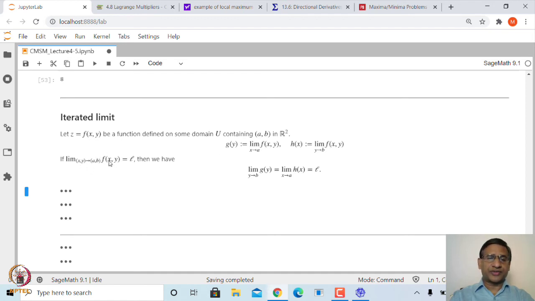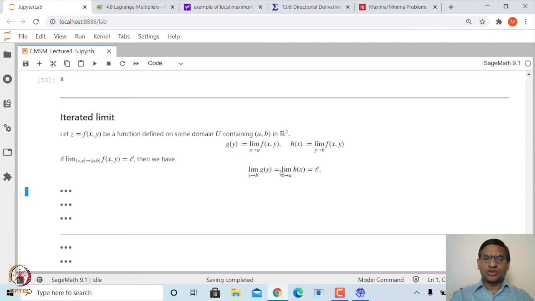Suppose the limit of f(x, y) as (x, y) goes to (a, b) exists and is equal to L. Then you can show that the limit of g(y) as y goes to b will be L, and also the limit of h(x) as x goes to a will be L. But the limit of g(y) as y goes to b is nothing but the limit of f(x, y) as x goes to a, followed by the limit of that as y goes to b.